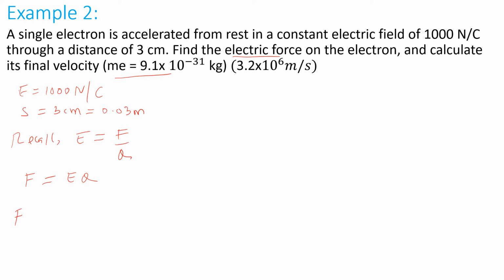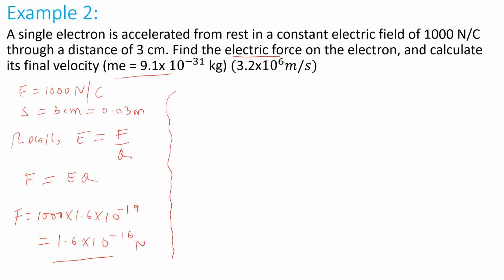This is going to be E given as 1000 times the charge of one electron, which is 1.6 times 10 to the power negative 19 coulombs. This is going to give us 1.6 times 10 to the power negative 16 newtons. Very small force.